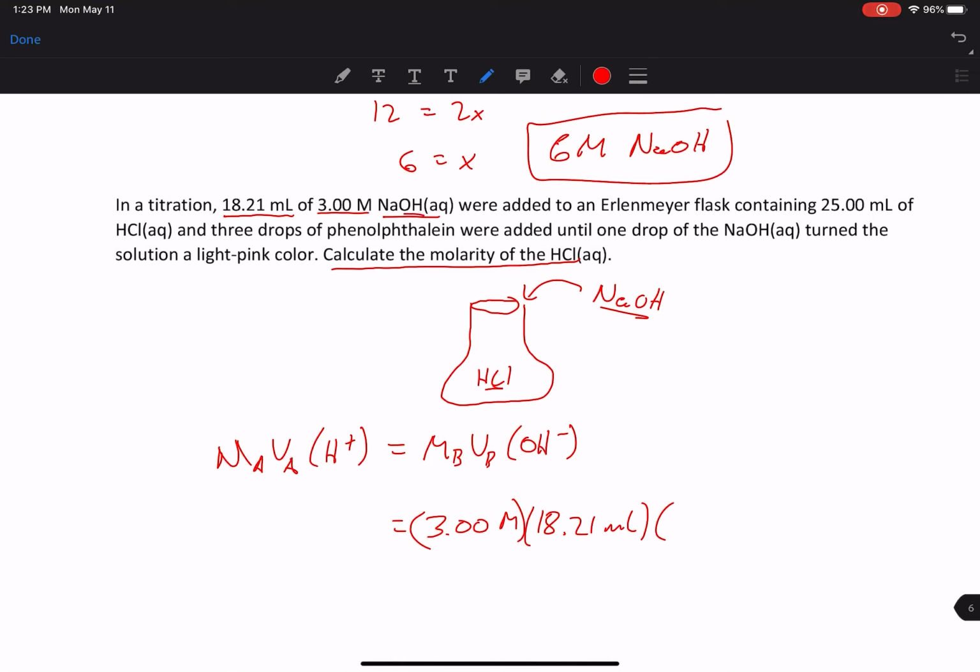NaOH only releases 1 hydroxide, and so this is going to be 1. Now for the acid side, hydrochloric acid only produces 1 hydrogen ion. That's multiplied by the volume, which was 25. And then we're solving for X over here. So we're solving for the molarity.